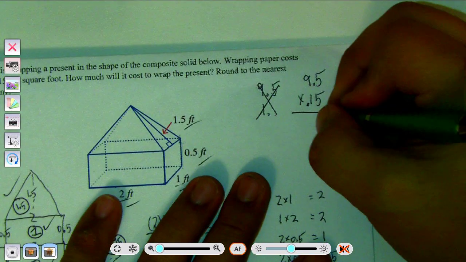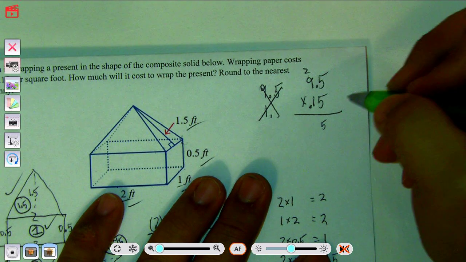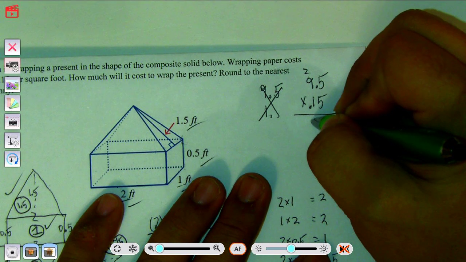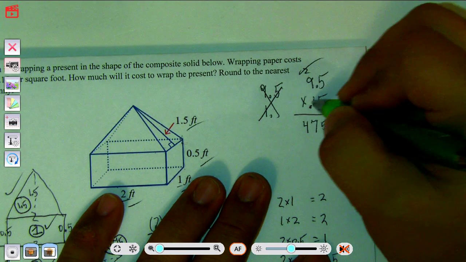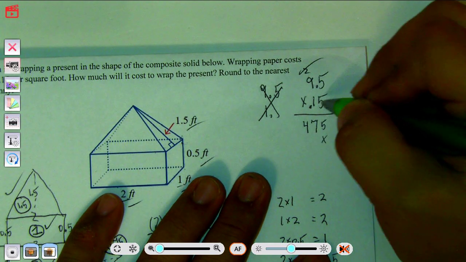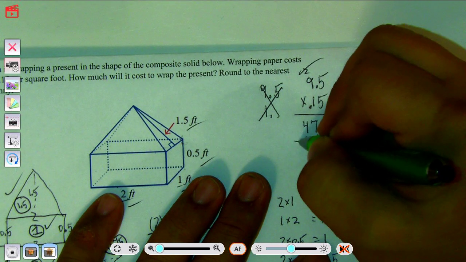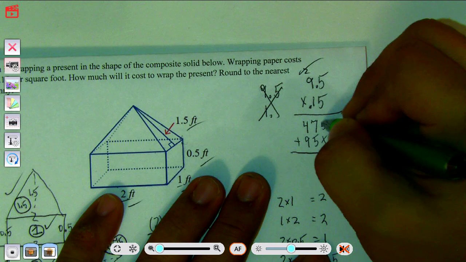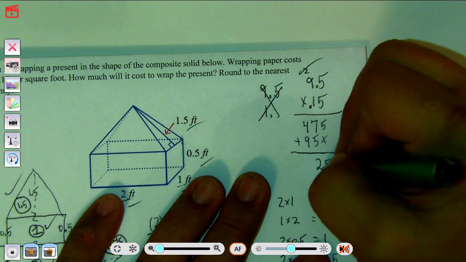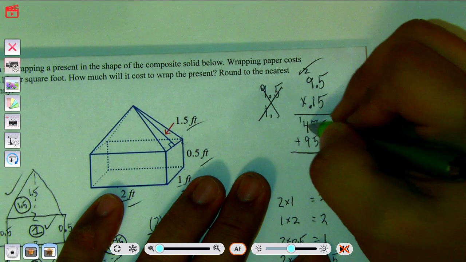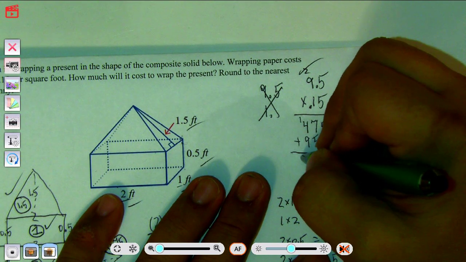5 times 5 is 25. Carry. 5 times 9 is 45. Plus 2, 47. One placeholder. 1 times 5 is 5. 1 times 9 is 9. We will add all of this together. 5, 2, carry, 4, 1.